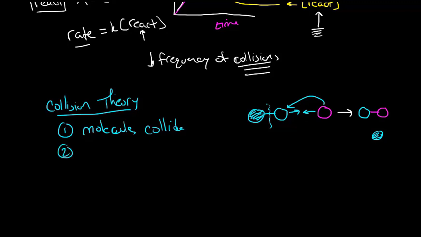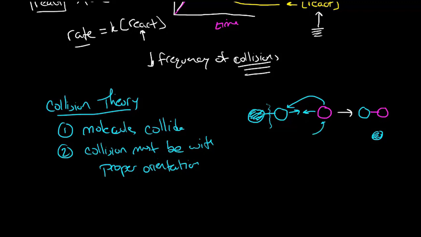Another requirement is they have to collide in the proper orientation. So the collision has to be in the proper orientation. If we were thinking about this reaction, we've said already that if this molecule can bump into this side of our other molecule, then this reaction will proceed. We'll give it a little happy face.